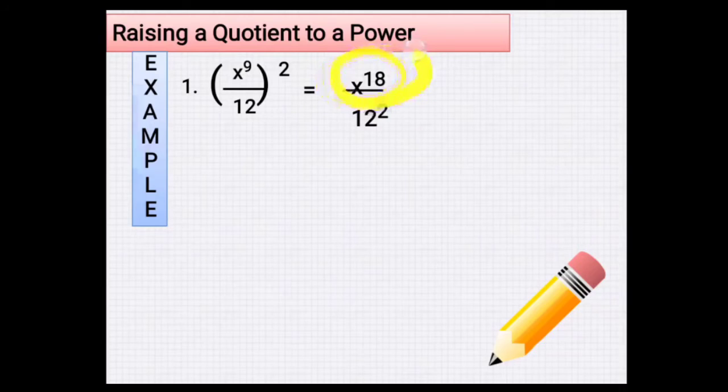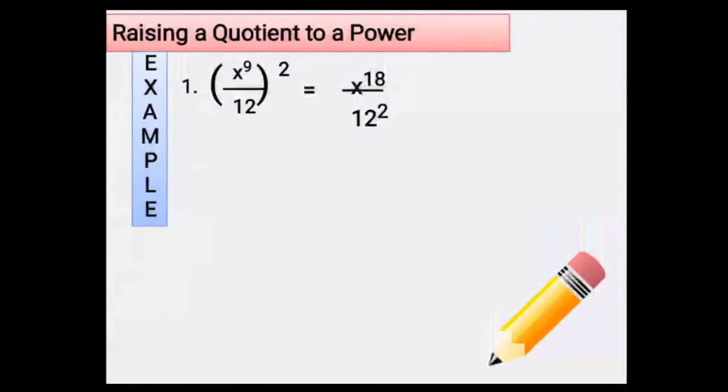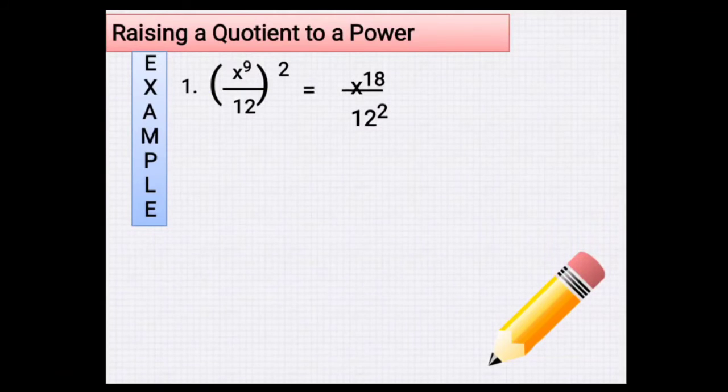Now, if we do that on the numerator, we also have to do that on the denominator. So what is the exponent of 12? There is no visible exponent, therefore that is automatically 1. So the exponent of 12 is 1, and 1 times 2 is 2. Therefore, the exponent now of 12 is 2.